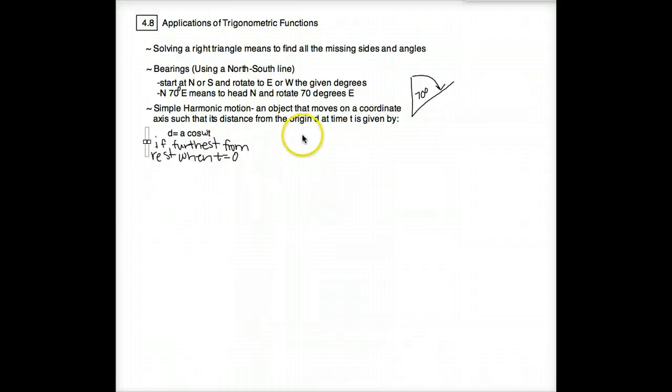And I'll just write it out here this time, the way the Greek letter looks is it's kind of got a little loop there in the middle. But we use the sine curve if the object is at rest when t equals 0.